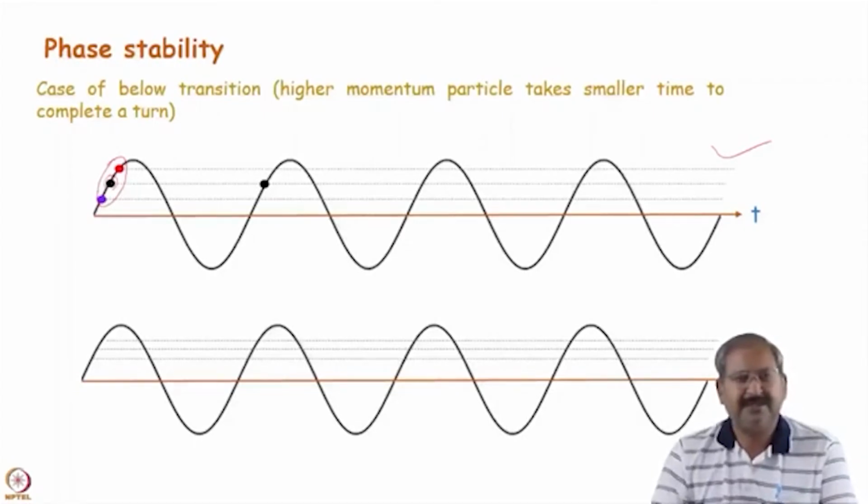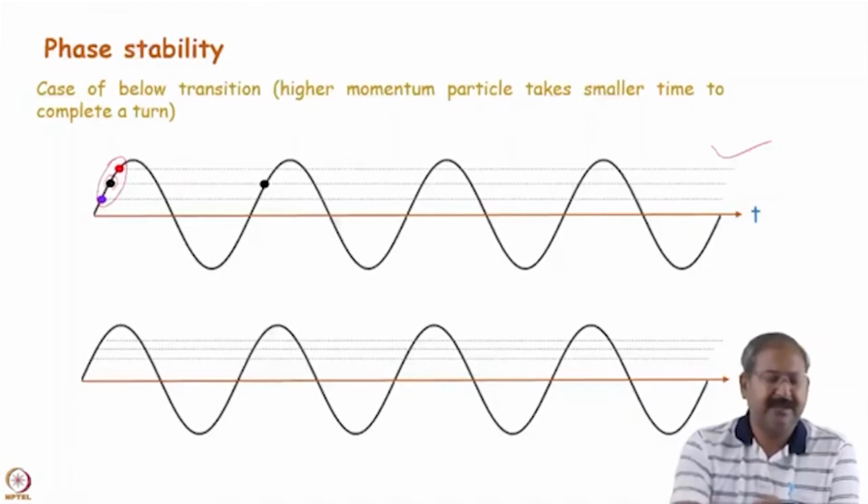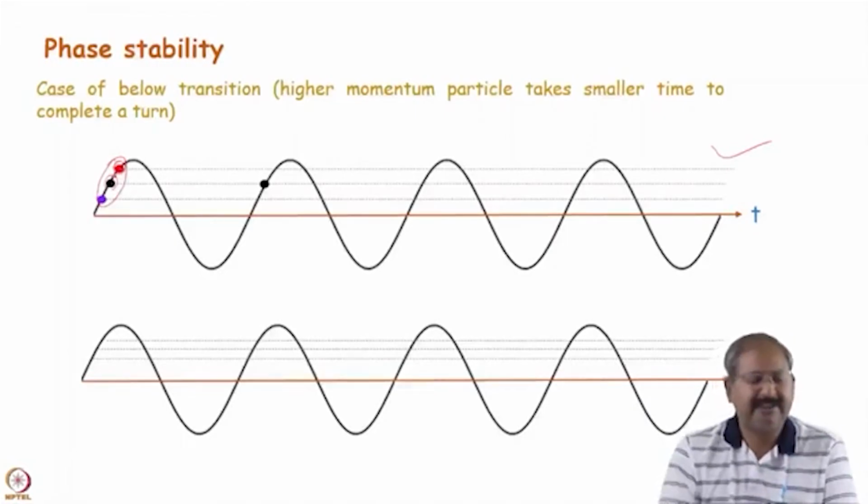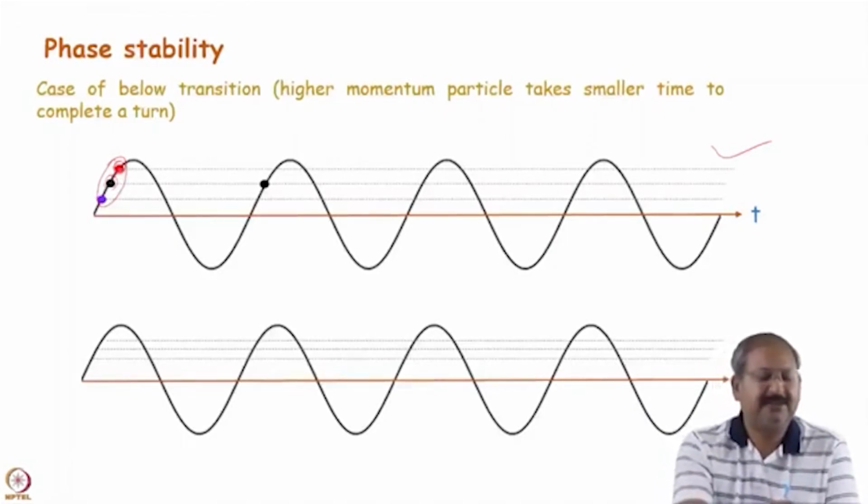Now suppose this machine is operating below transition. Below transition means a higher momentum particle takes a smaller time to complete a turn. A higher momentum particle is faster. So this particle gets more energy than the synchronous one, because it is feeling a higher field than the synchronous particle.